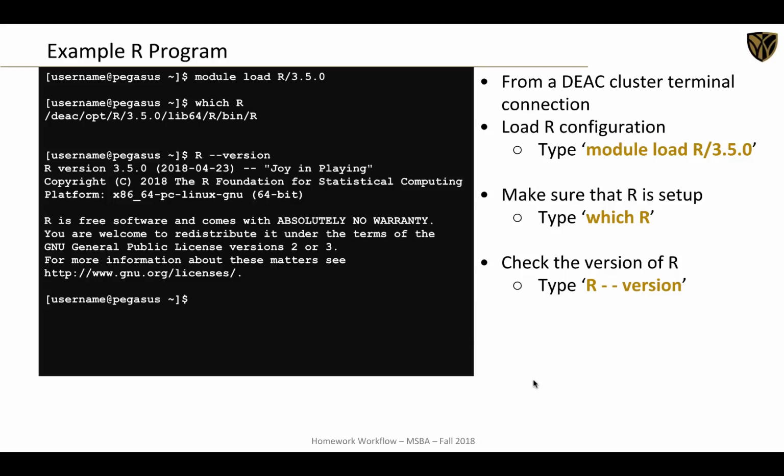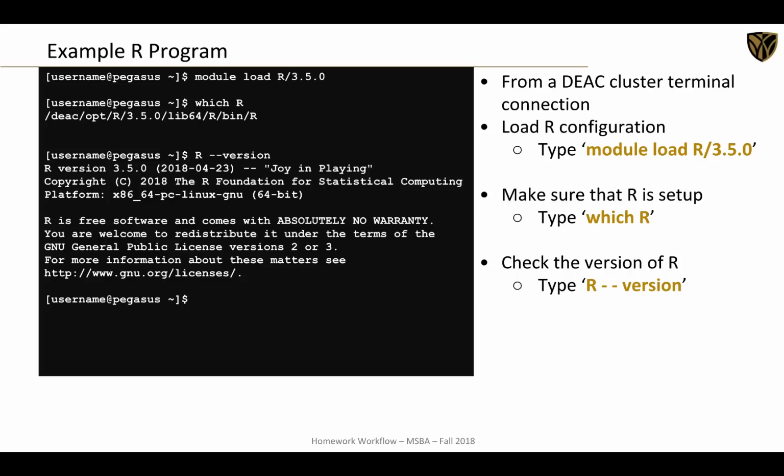To load R's configuration, type module load R/3.5.0 and hit enter. Typing a capital R here is important because Linux is a case-sensitive operating system, so a lowercase r will not work.